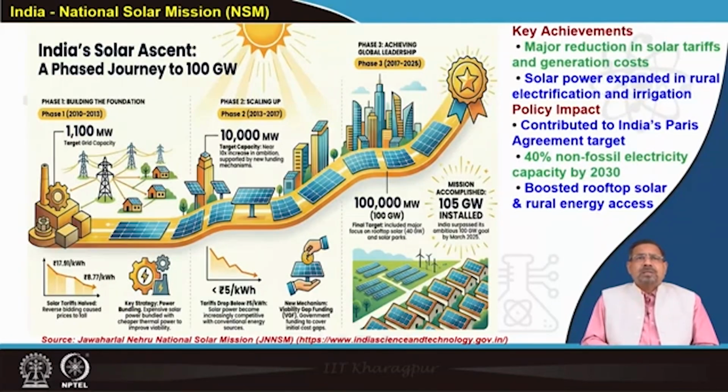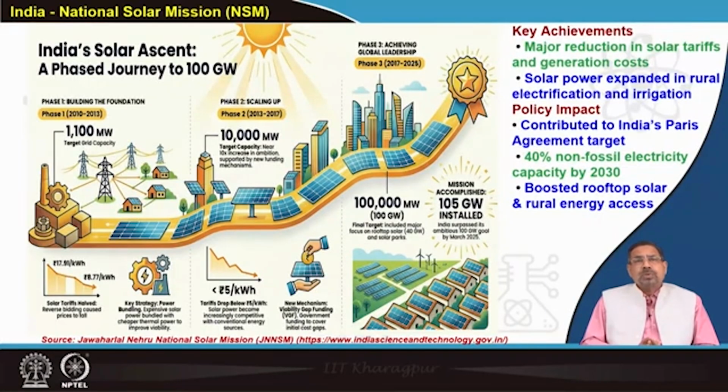Let us have a look at the National Solar Mission, NSM, as far as India is concerned. So it is a phased journey to 100 gigawatts. You can see phase 1, building the foundation, 2010 to 2013, 1100 megawatt.